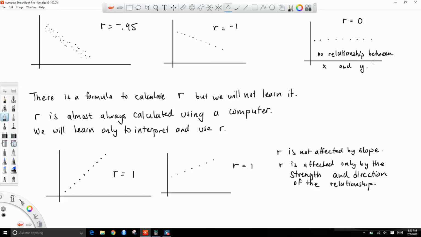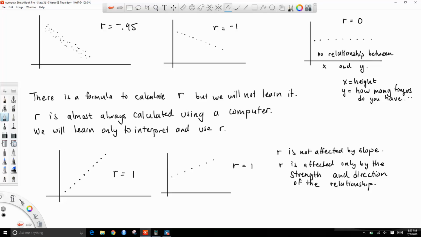This could be, for example, we could ask someone, how tall are you? X could be height, and Y could be, how many fingers do you have? I realize not everyone has 10 fingers, but let's just assume you got a small sample.